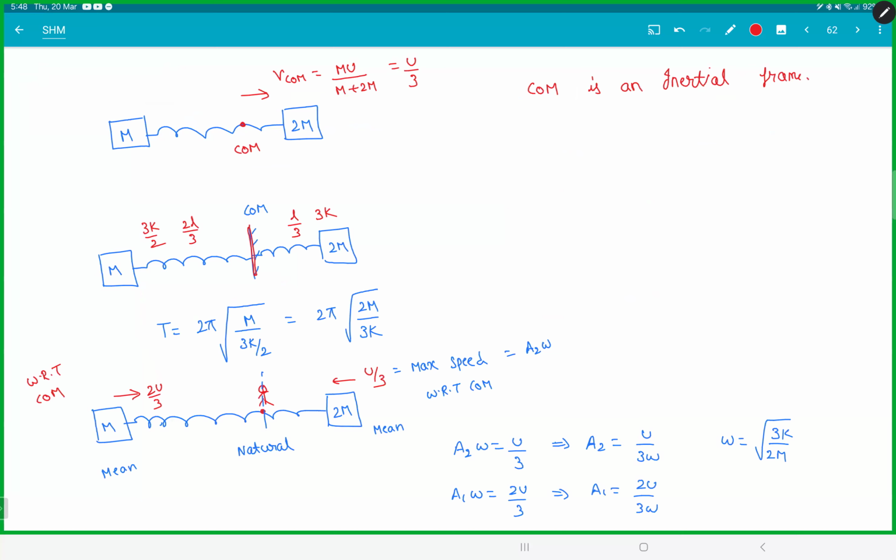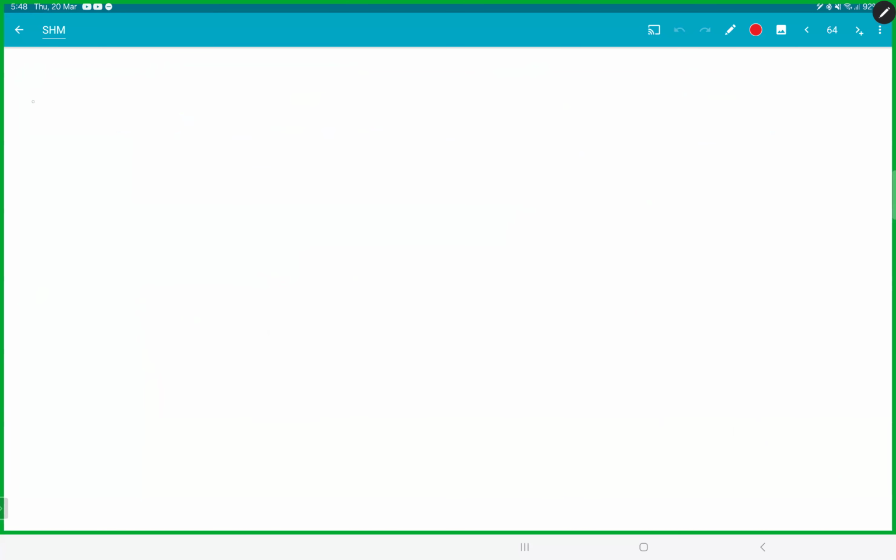So you could have also said it like this. Max spring potential energy is oscillation energy. And max spring energy is nothing but half k x max square.